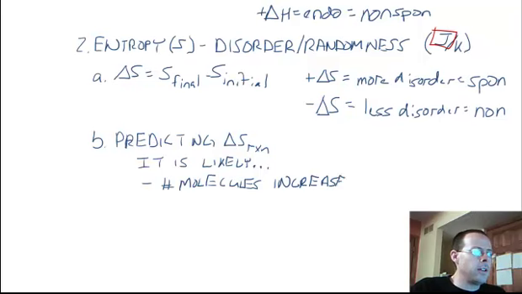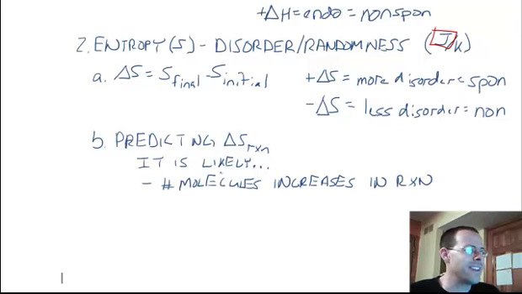And all this is saying is if we have more molecules on the product side than we have on the reactant side, that is likely a positive delta S.